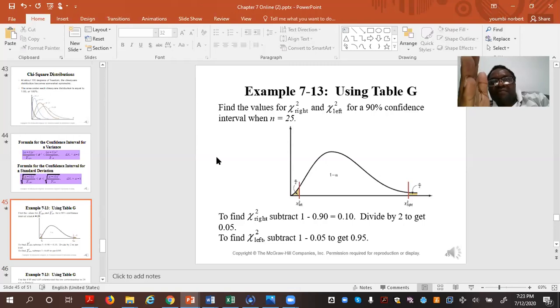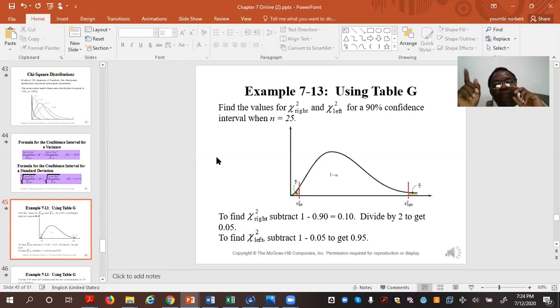If you divide that 10 by 2, you have 5 and 95. You just divide the remaining part in half, that gives you 5%, and then you subtract it from 100 and you have 95%. Those two numbers are what we will need, 5 and 95.